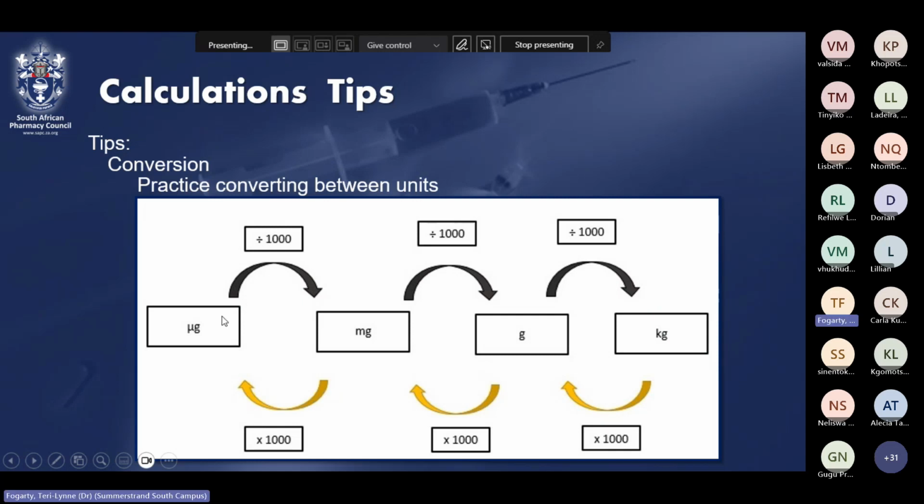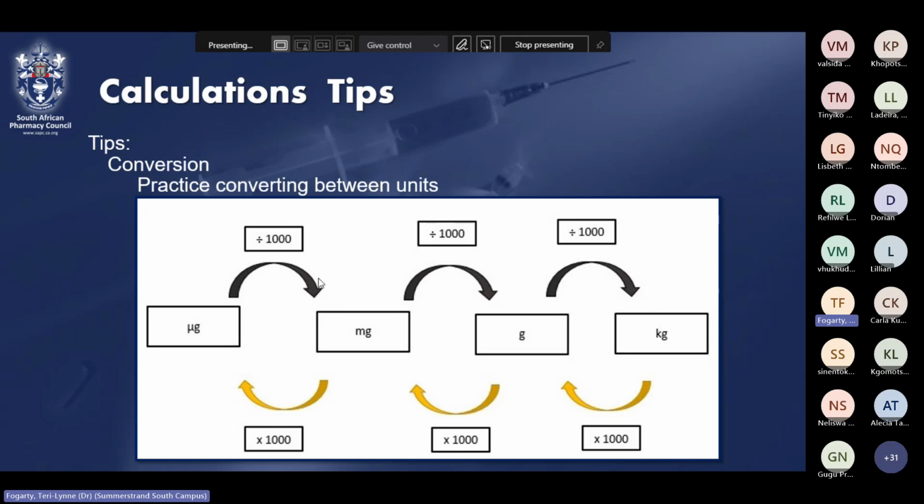If I've got 1 microgram and I want to work out how many milligrams it is, I need to divide that 1 microgram by 1,000 because it's getting smaller. The microgram is smaller than a milligram, so I must divide it. So 1 microgram is equal to 0.001 milligrams.